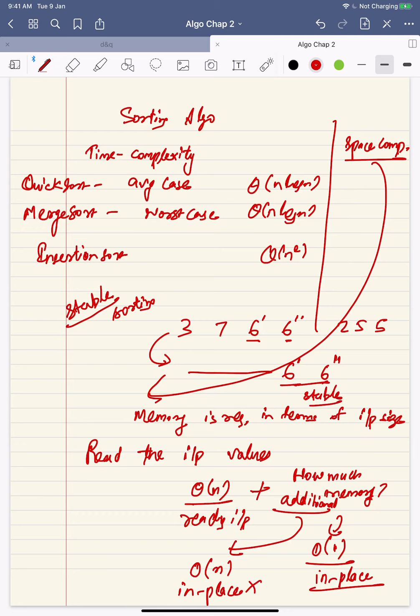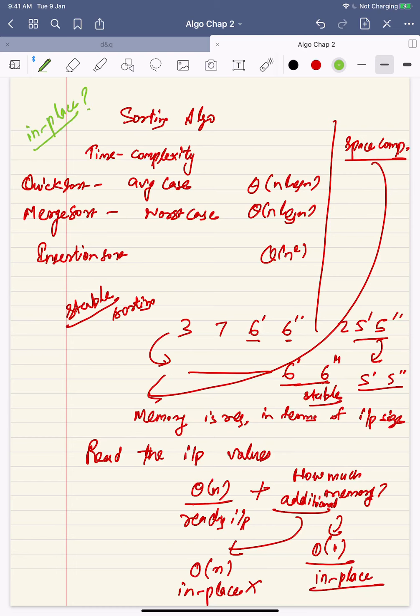So whenever there are two elements that are same in key value, after sorting they remain in the same order, then this is a stable algorithm. But if the algorithm cannot ensure this, this is not a stable sorting. We will discuss in detail, but I would like you to try and see, for QuickSort and merge sort, where do they stand in terms of being in place?